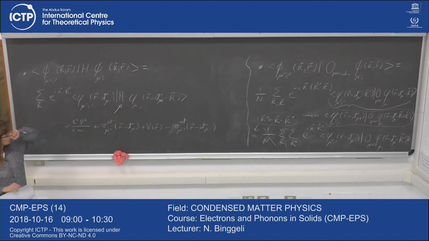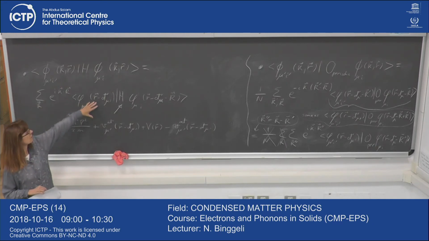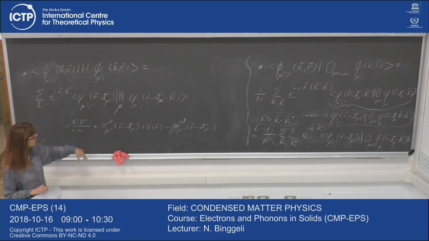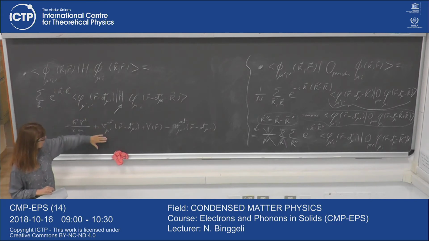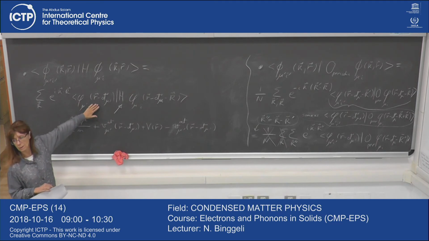So in the Wigner-Seitz cell centered around the origin, I put here the atomic potential that corresponds to this atomic state.